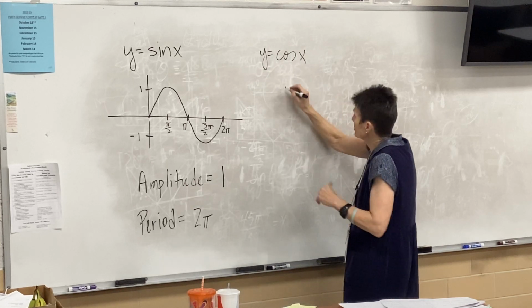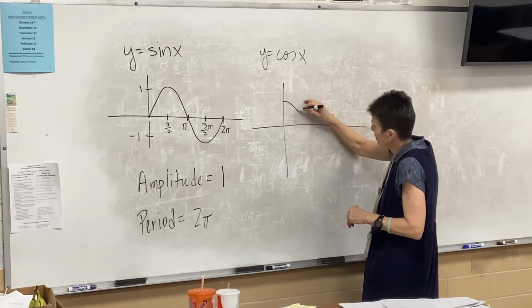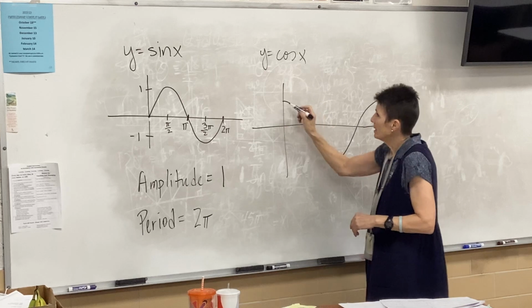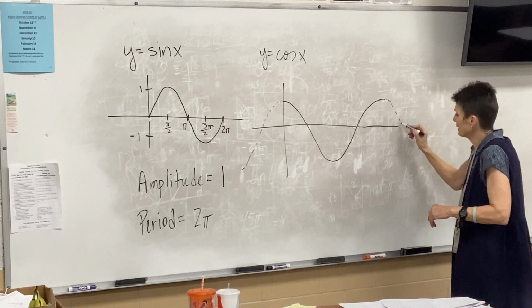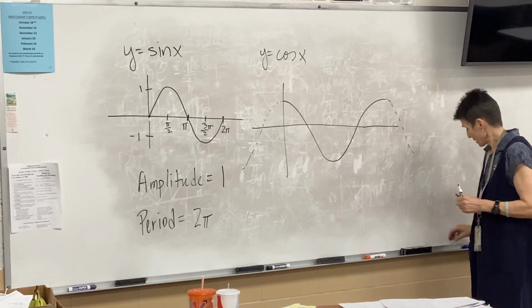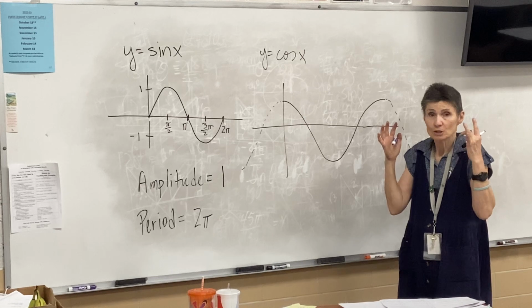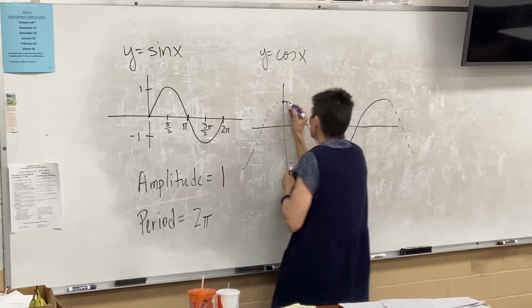So again, I don't know if you remember your BFFs, but the cosine picture started up here and did this. Now, it kept going, so I don't want you to get confused. It kept going. But the only required chunk is this blue piece right here.